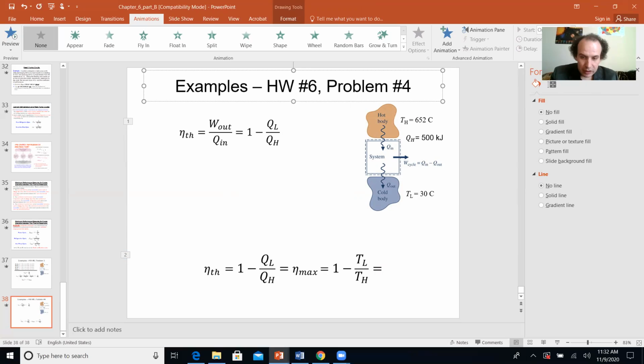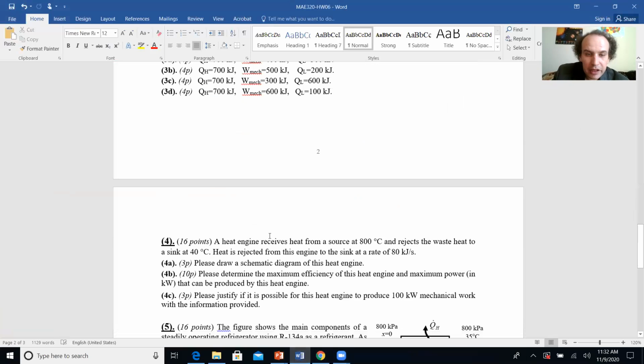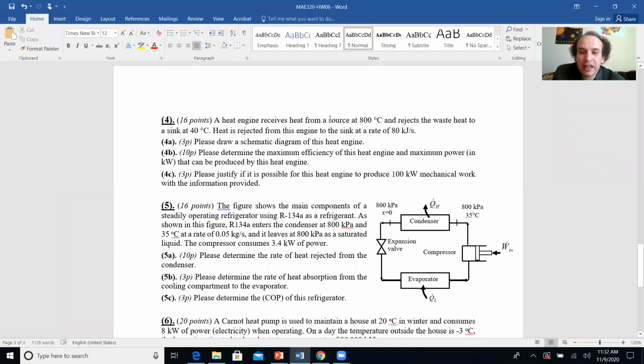Let's take a look. Here you have a heat engine that receives heat from a source at 800 Celsius and rejects heat to a sink at 40 degrees Celsius. And it's stated that heat is rejected to the sink at a rate of 80 kilojoules per second. It will be almost the same, but it will not be Q, it will be heat rate, Q dot, right?